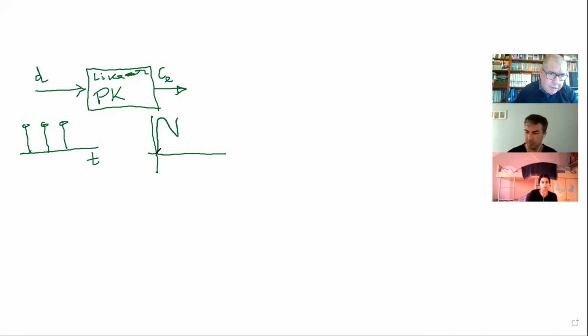Then again you have the kick, then it decreases, and so on. These are the times in which you have the kick. Typically this is what happens. Later we will see how to model this, but intuitively I think you can accept that.